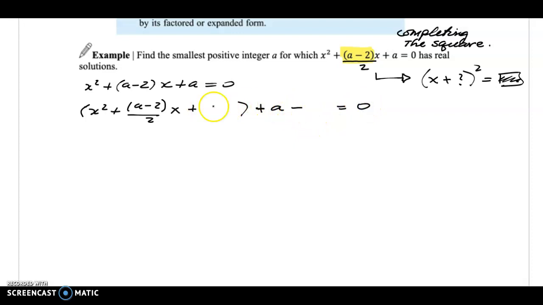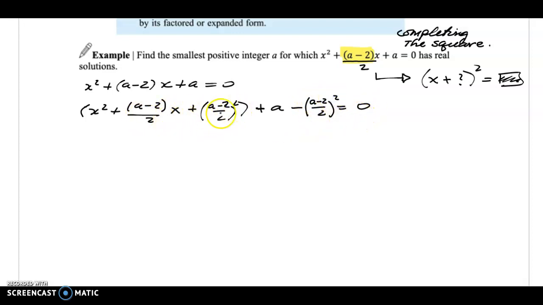Whatever you halve, the middle coefficient, you take half of it and square it: a minus 2 all over 2, squared.